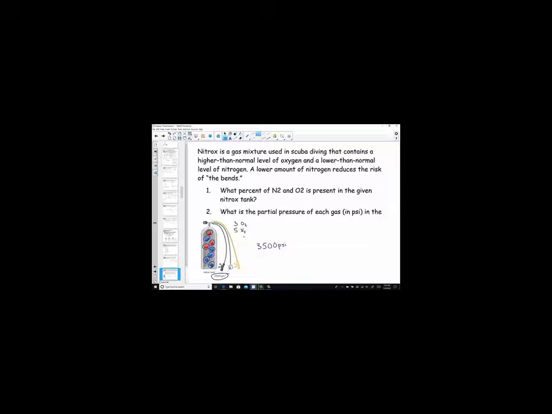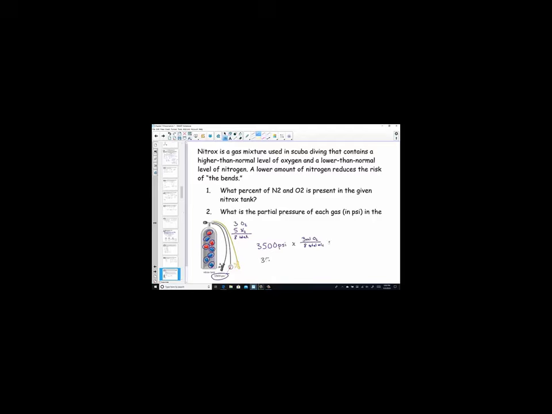So looking at this contribution, the total number of molecules is 8. So the percent here, 3 molecules of oxygen out of an 8 total would give me its percentage in the tank.